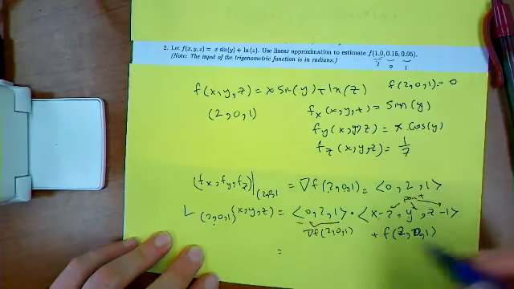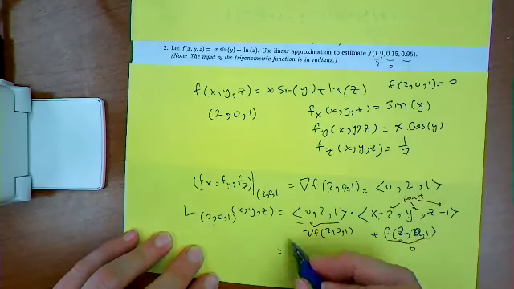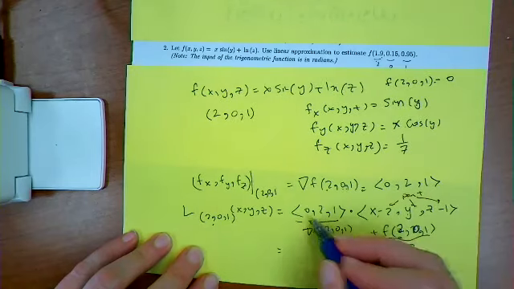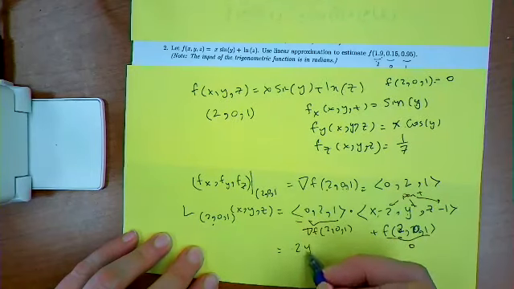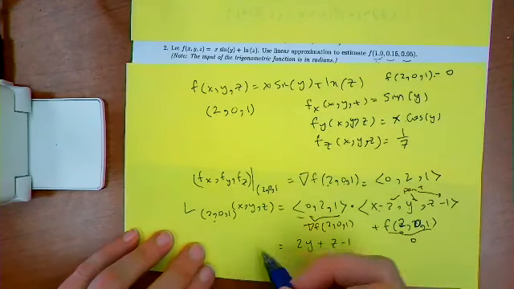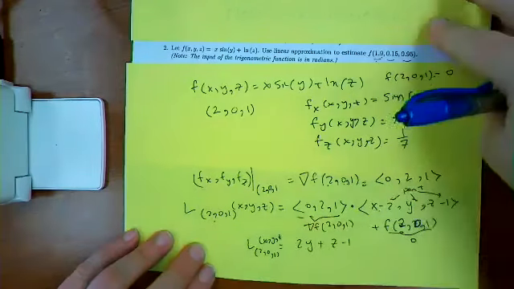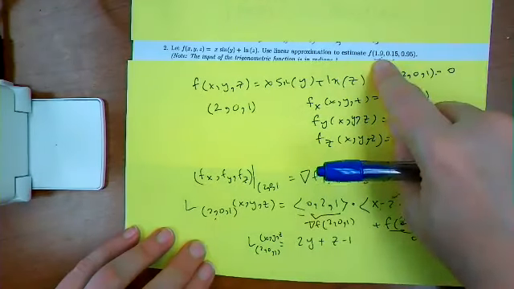And so now the linear approximation is going to be 0 times x minus 2, plus 2 times y, plus z minus 1. And now use this L and plug in the values that you have.